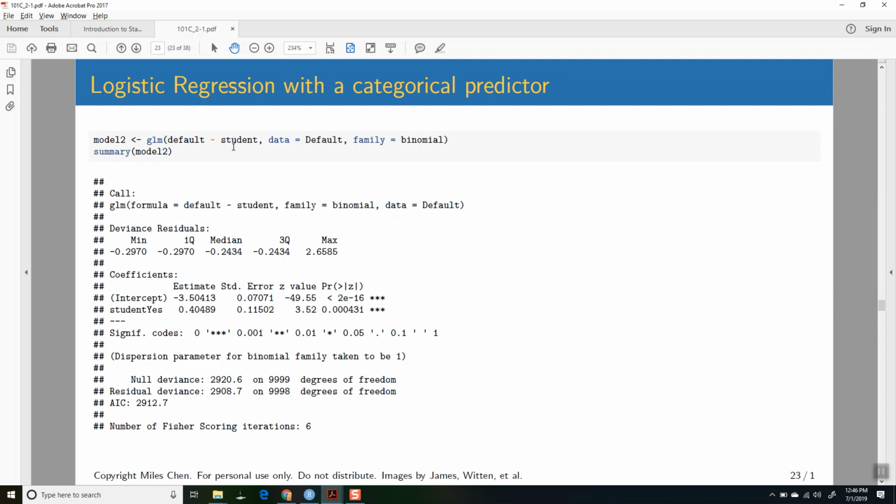But anyway, for student yes or no, we have a dummy variable for student yes, and we get a coefficient of 0.40489, and this is significant.